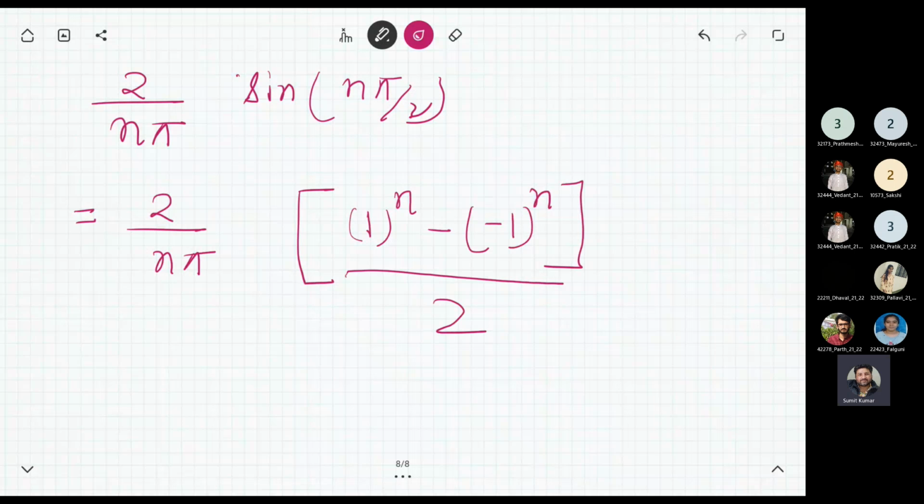You can see that when n is even, this will be 0, and when n is odd, this will be 1.